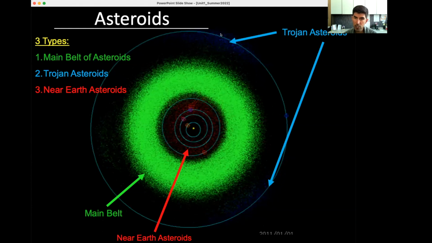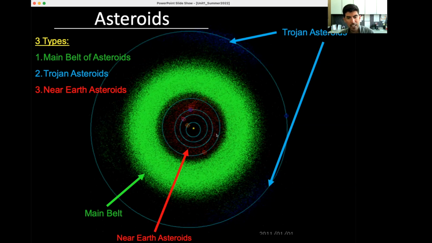These are called Lagrange points, and they are specifically gravitational sinks that are created by the balancing of forces between the gravity of Jupiter and the sun. And so these asteroids never enter the inner solar system, and they just stay in front of and behind Jupiter as it goes around the sun.